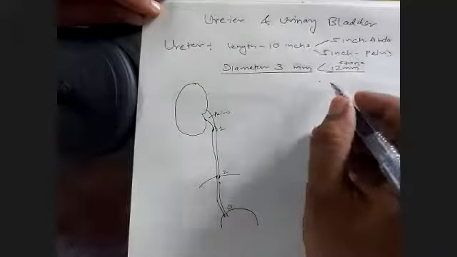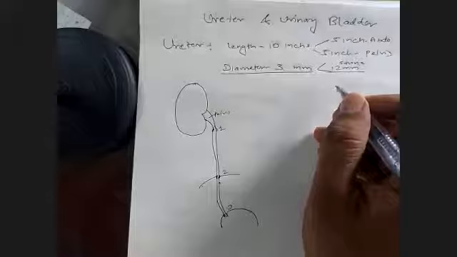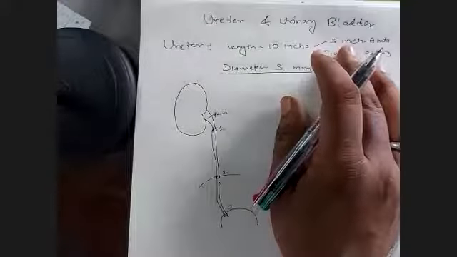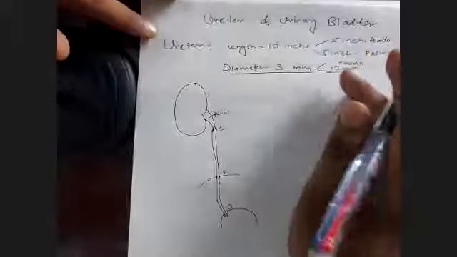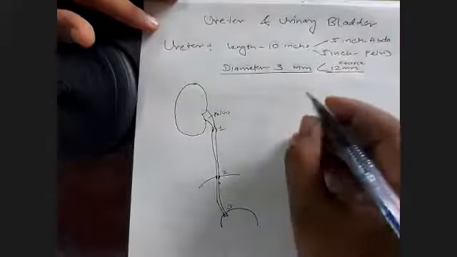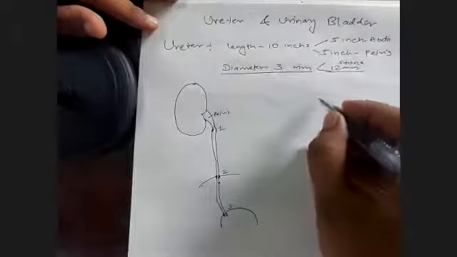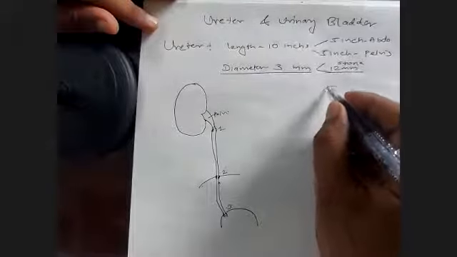The relations of the ureter. Firstly, the relations of the right and the left ureter are different. First, we will talk about the abdominal relations. Now, suppose this is the right ureter.